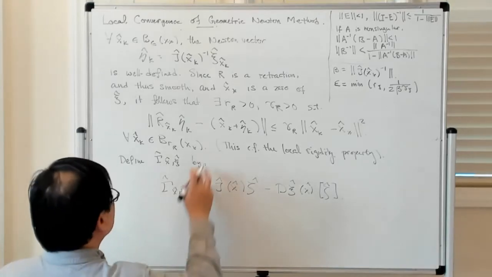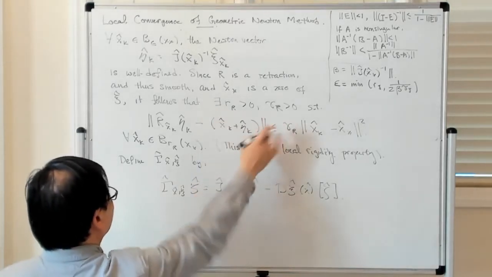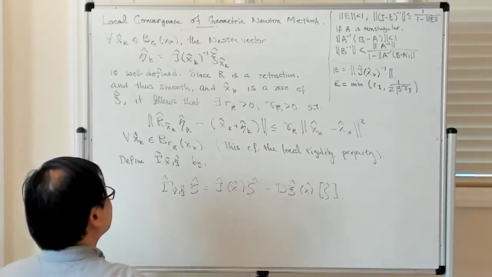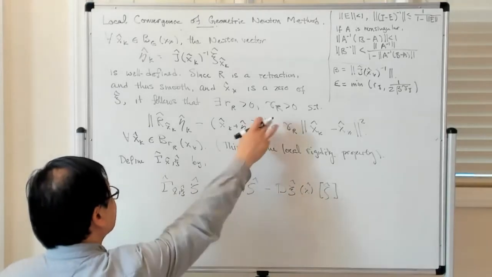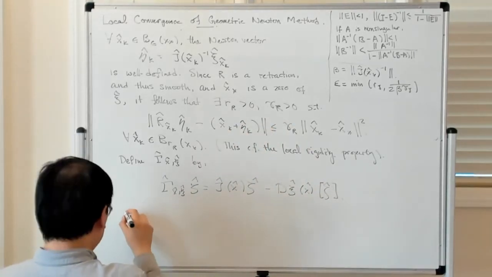So then again, as before, you're going to find certain r's and gammas which are going to be Lipschitz constants, again by smoothness.